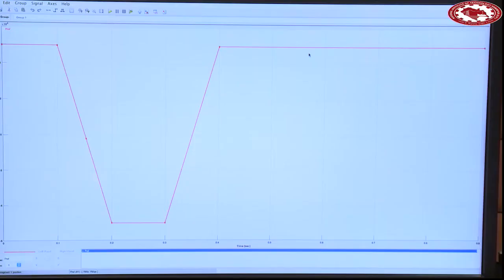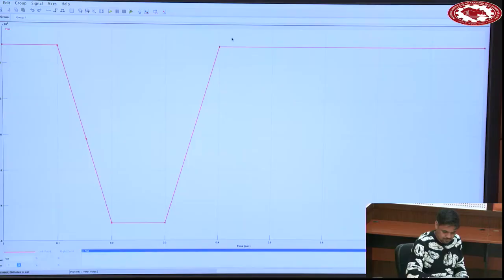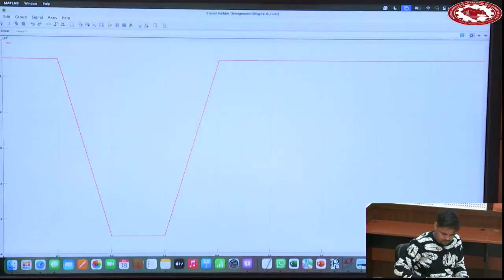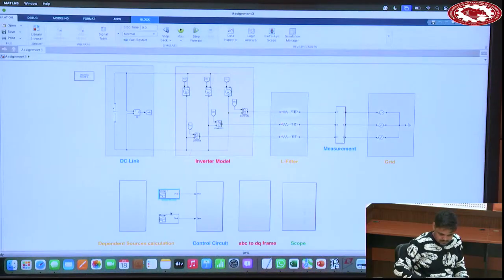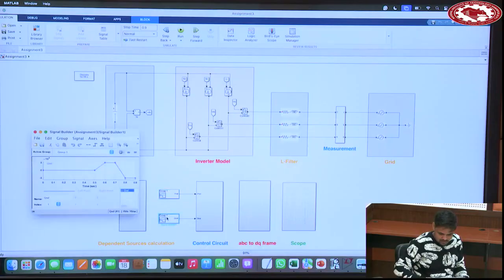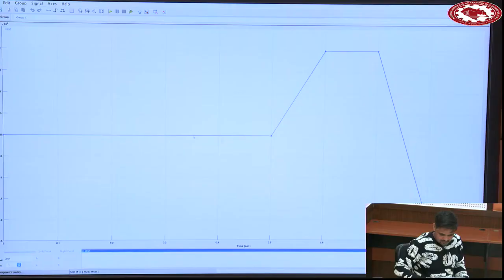So we need to see whether it is changing or not. Similarly Qref is kept constant at 0 till 0.5, then it is changed to 20 kVAr.